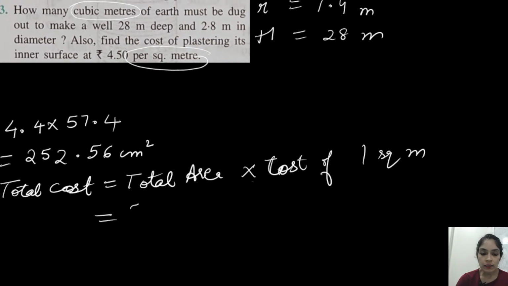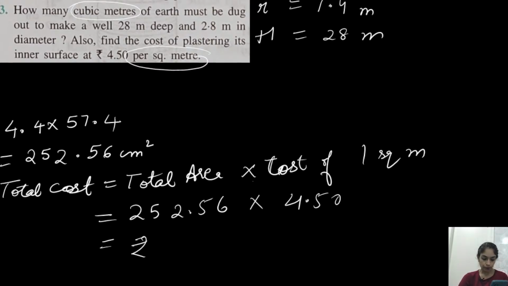Total area is 252.56. Cost of 1 is 4.50. Just multiply this and tell me what is the answer.